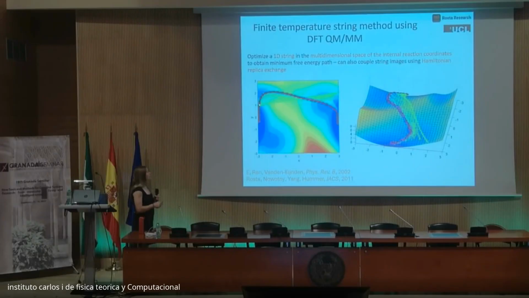What we would normally do is start with an initial path, run umbrella sampling simulations in each of these windows, and then adaptively optimize the positions of these windows so that the forces are parallel to the path itself. We always redistribute the images so that they can overlap properly. What we have done here in addition is that we also introduced Hamiltonian replica exchange between these images, which allows better equilibration and doesn't add any extra cost.